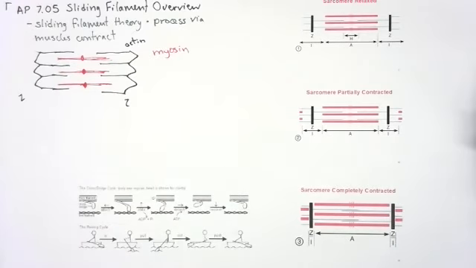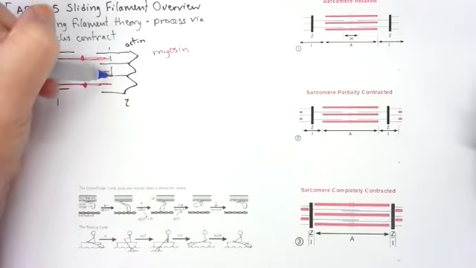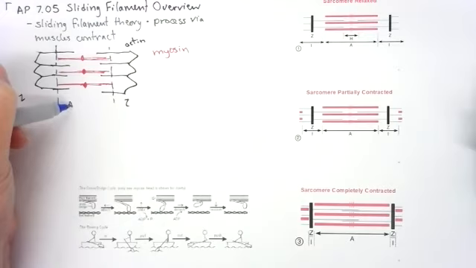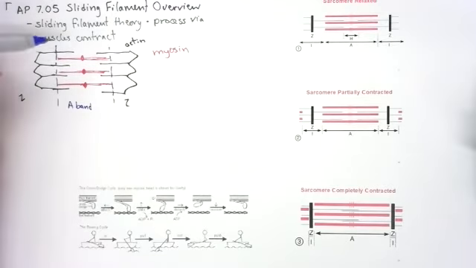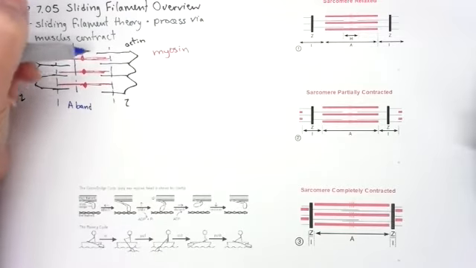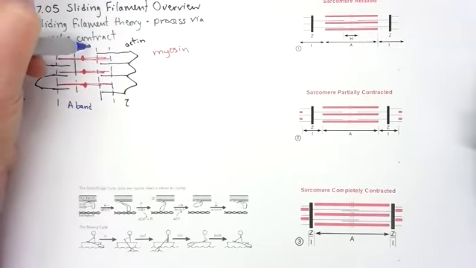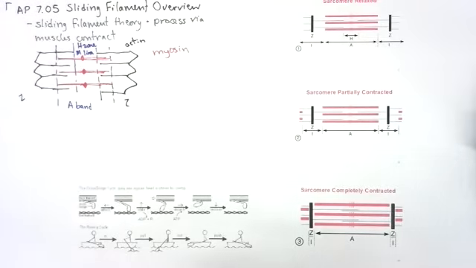Let's go back over our banding. Grabbing a different color, if we look at this region, this is the A band, where it has overlap between the actin and the myosin. In the middle, where it's just myosin, I have my H zone and my M line. I'll do the M line in a different color.